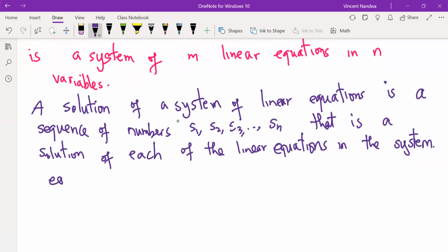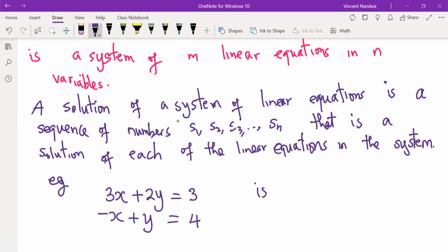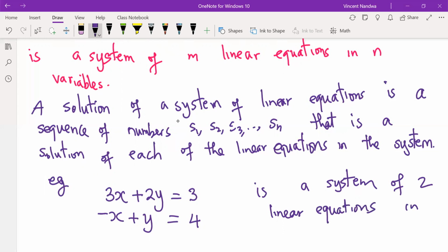So for instance, if we have 3x plus 2y equals 3 and minus x plus y equals 4, this is a system of two linear equations in two variables, x and y.